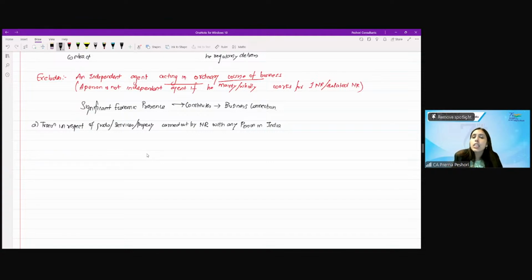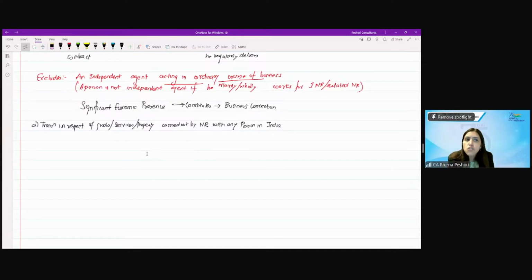What we are trying to say is that even if you do not have the physical activities being carried out in the source country, you still have this significant economic presence in the country because you are providing the services in our country by sitting outside, meaning you have an economic presence even if not physical presence.